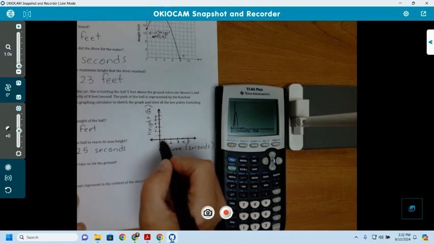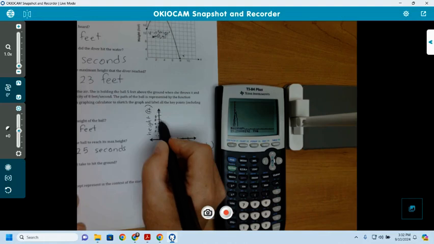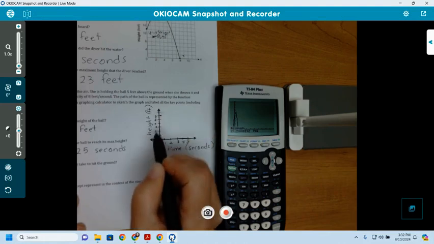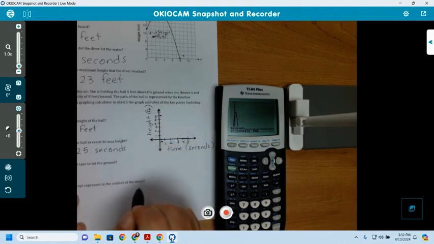Let's do that again. It'll be 1/4 or 0.25 and 6. That's our vertex right there.